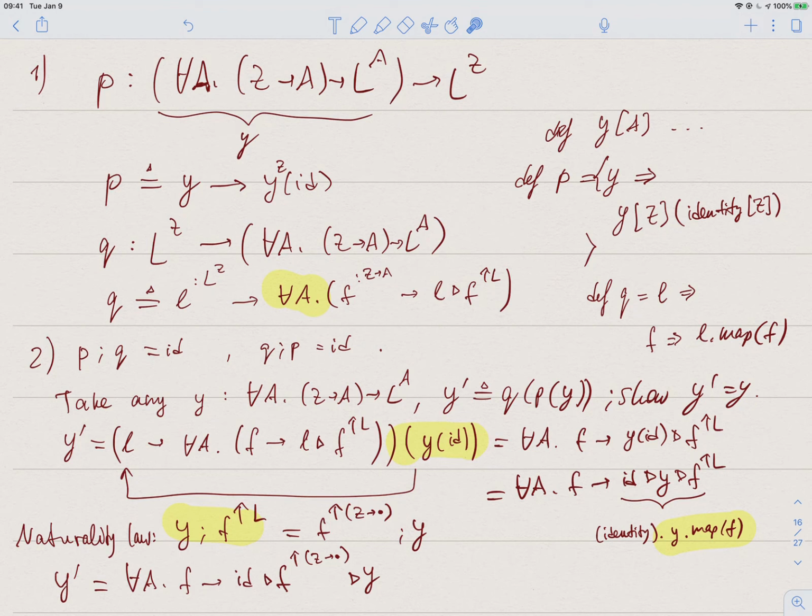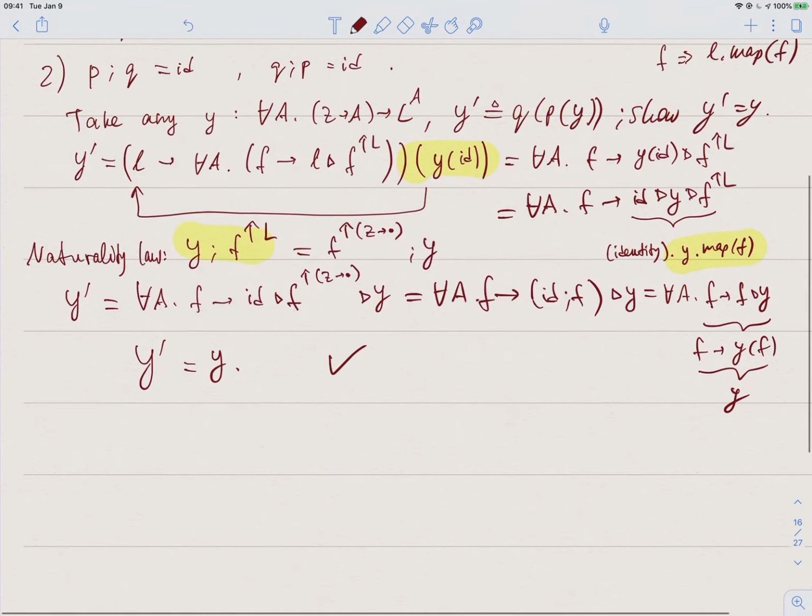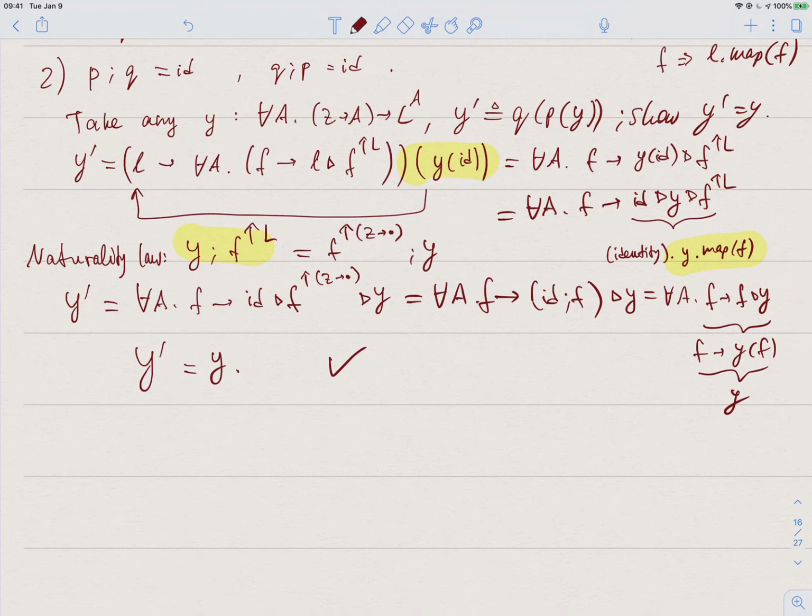So identity substituted into this functor is identity after which we compose F. Now this we substitute into Y. Now obviously this is equal to just F. So this is the same as Y, because this is F going to Y of F. This is the same as Y. So therefore Y prime equals Y. And we have verified the first of these equalities.